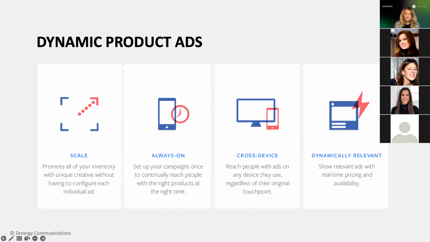So you can set this up so that if I have viewed a product on your website, whether it's on my phone or on my computer, you can then show me those products again until I buy them. And they're really, really good for sales, really, really good for conversions, because you know the intent is there. People have viewed it, people have maybe added them to their cart, but they just haven't purchased them.